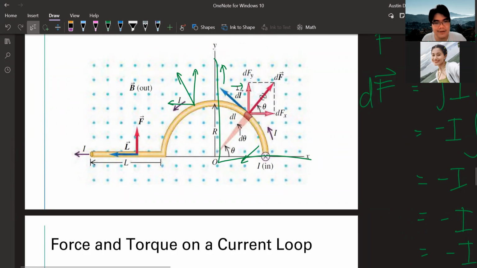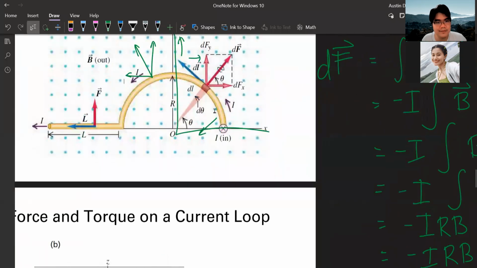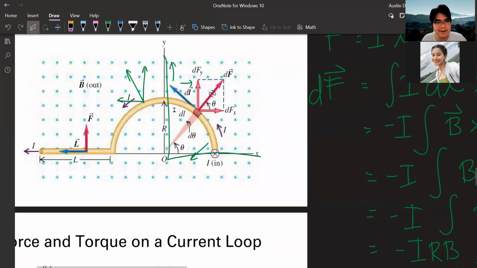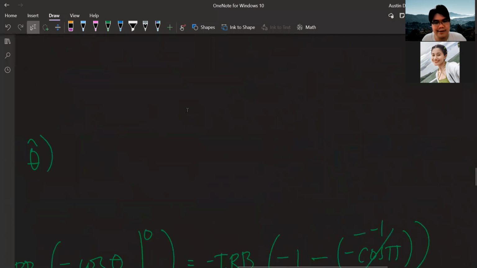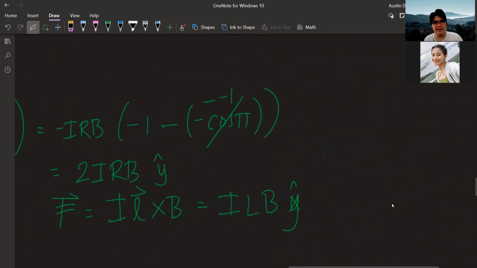Okay, so magka-cancel yung X part. So matitira na lang is Y hat. Ay, bakit X hat to? Y hat to.